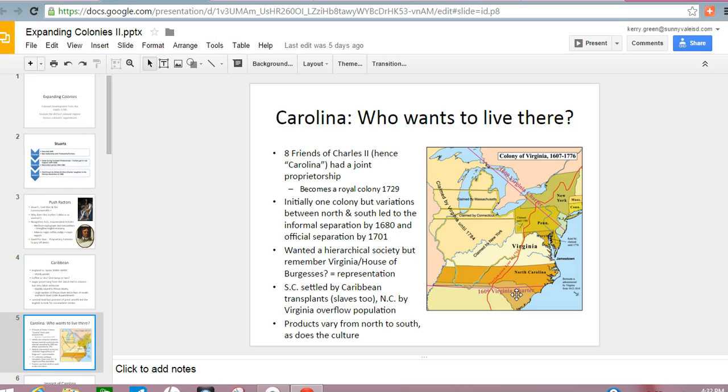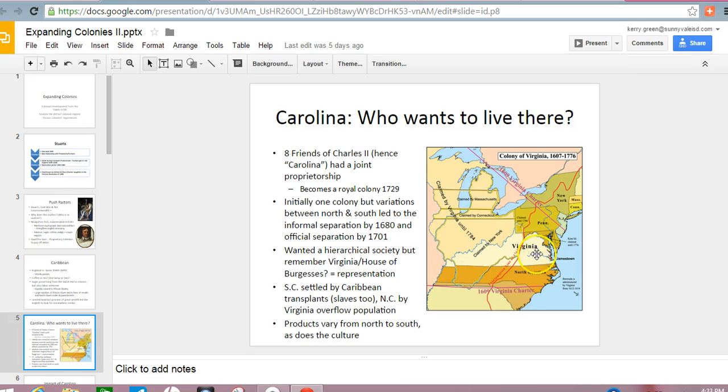and North Carolina as well is going to have, especially when you get out to the frontier area, more small farms and families that either don't own slaves or only own a couple.